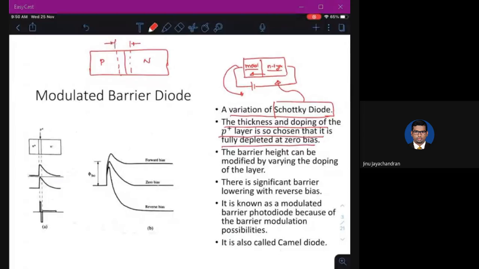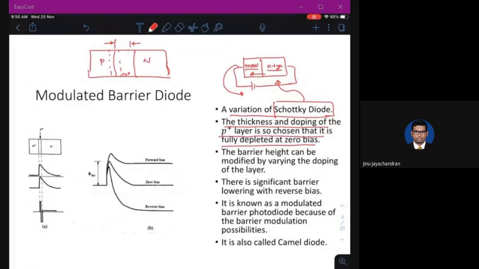Now, even if you make another layer in between, let's say you have another layer here with some kind of, let's say, N plus or something. So basically you have two junctions here.